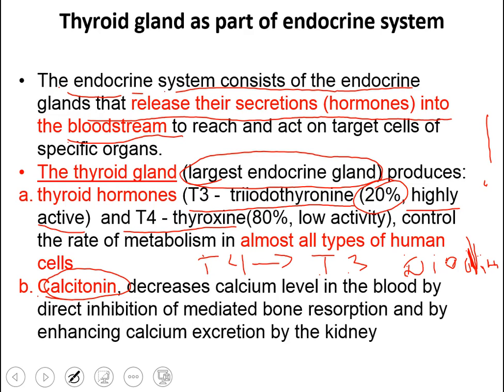Now regarding another thyroid hormone, which we call calcitonin. It functions as a physiologic antagonist to parathyroid hormone because it lowers blood calcium level by suppressing the resorptive action of the osteoclasts and by enhancing calcium excretion through the kidneys.